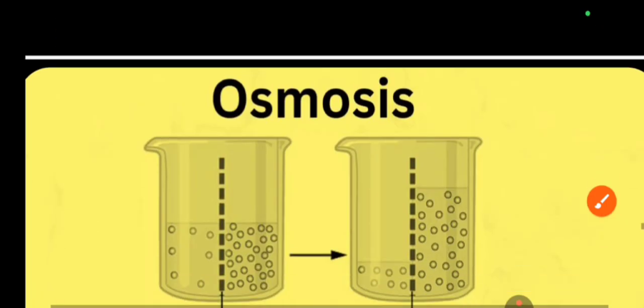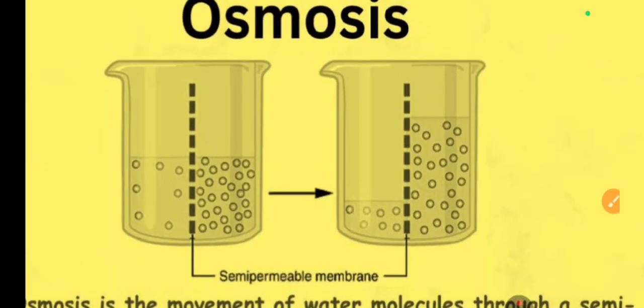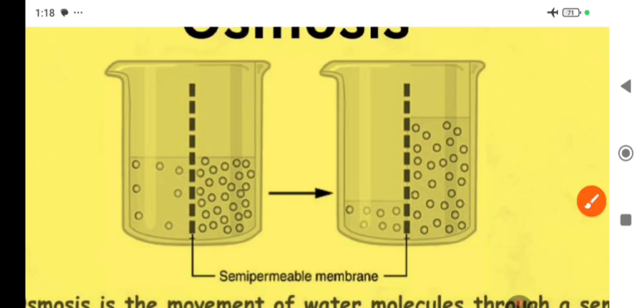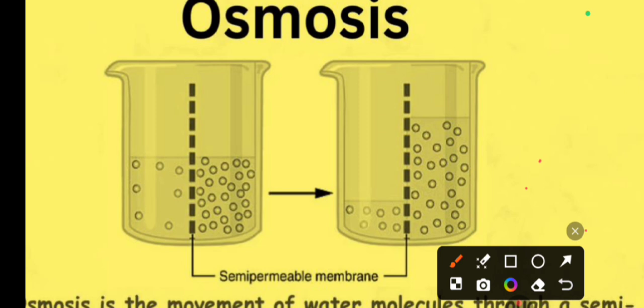So I will explain with the help of a diagram. You can see here I have taken the solution on the right side and solvent on the left side. So by itself what takes place?